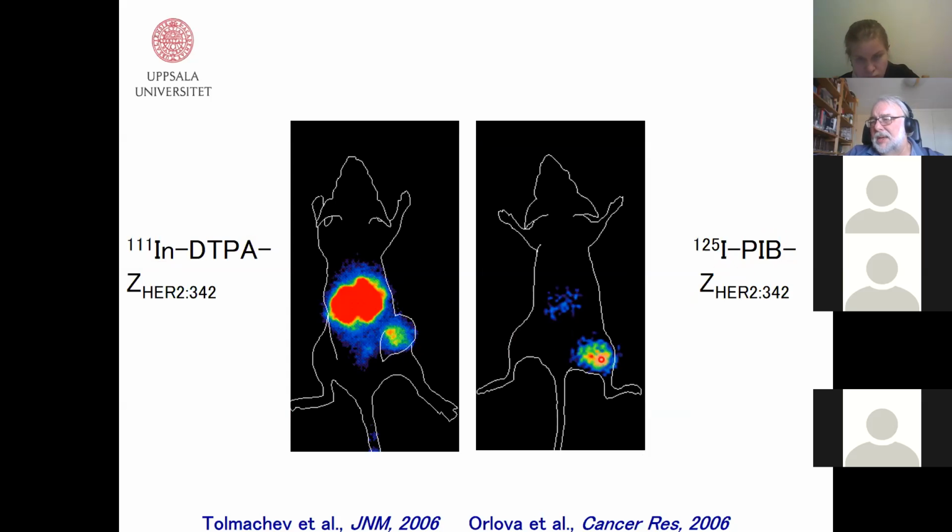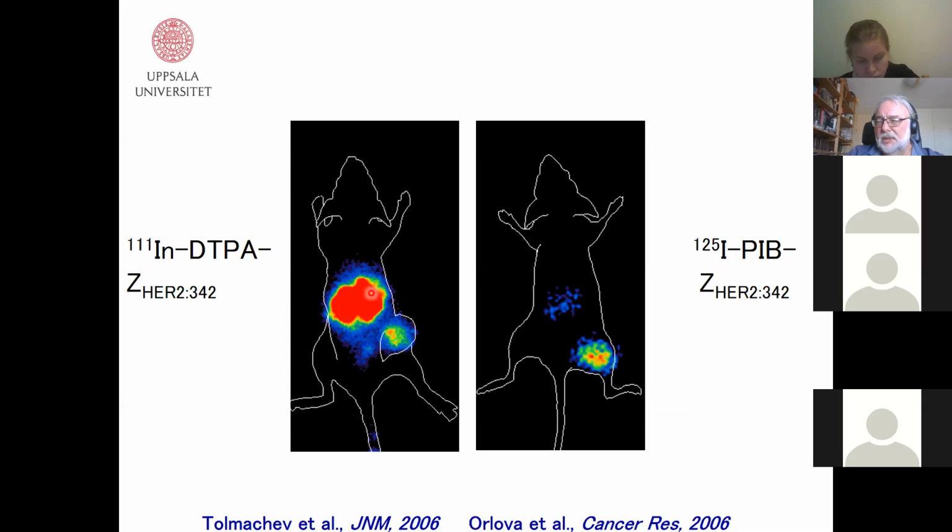Uptake in tumor was approximately the same, a little bit better for the radiometal label, but the striking difference was in the kidney. The kidneys were really shiny in the case of radiometals.